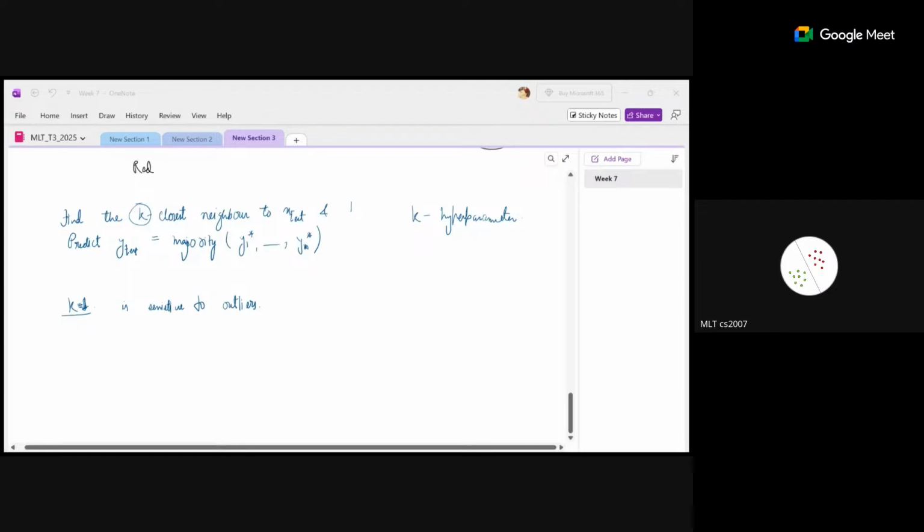You would want your k to be such that the loss that you get should be minimum. That is the ideal thing. So we would want k to be some value which gives us the loss as small as possible.